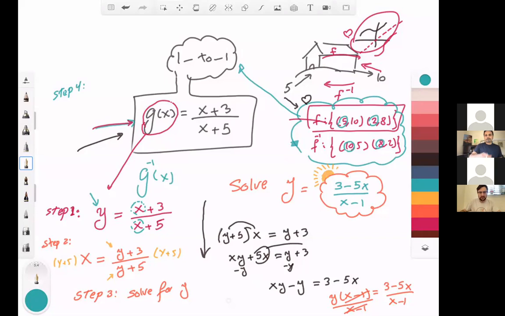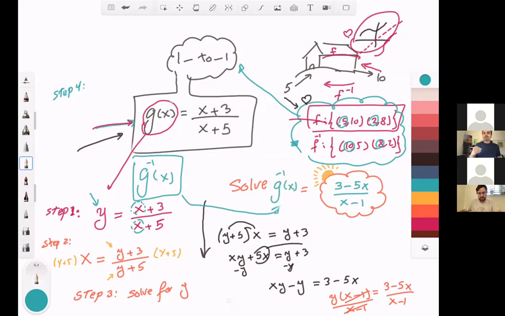Now, should we try to find one of the intercepts to get a point? Why do you want to find an intercept? They said, what is the inverse, right? What did we get? We solved for y. The last step is to erase y, just put g inverse.